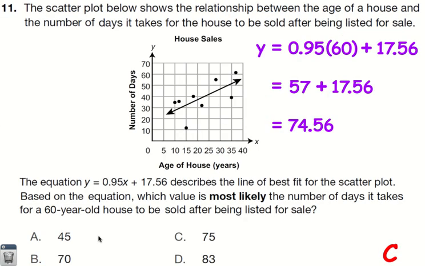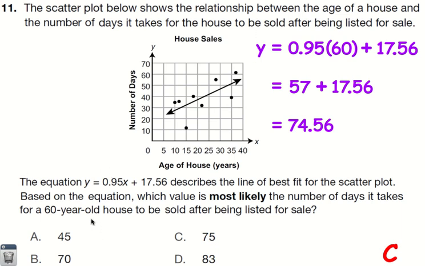So again, remember, you can use the graph to make a prediction, but if you have the equation, just use the equation to make the prediction by plugging in. Now, just one more quick thing, to elaborate. They could have given you a y value.